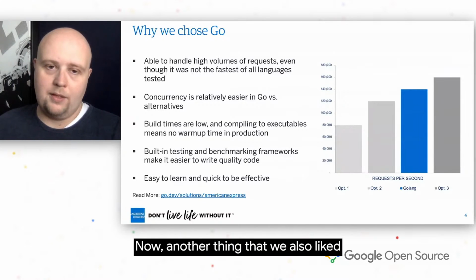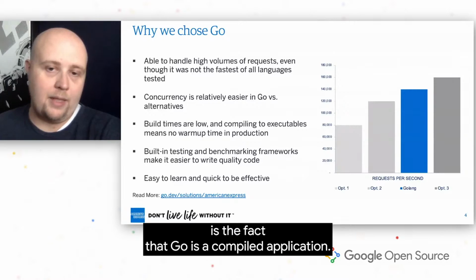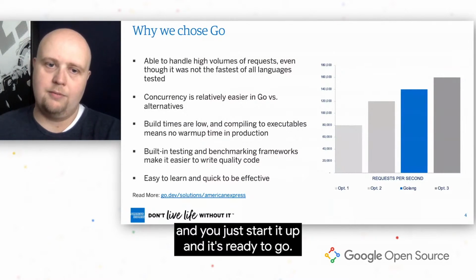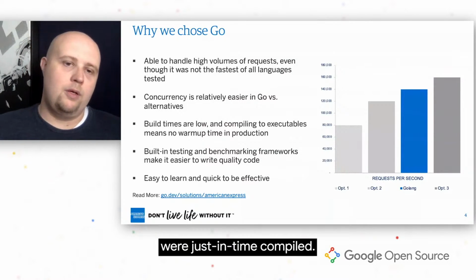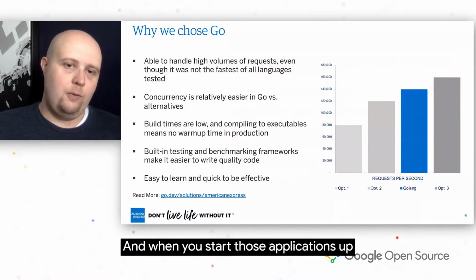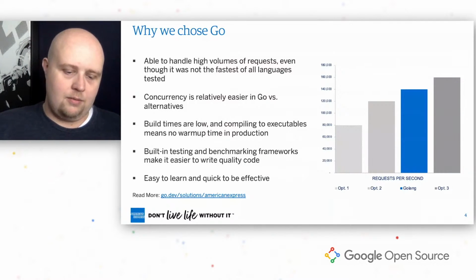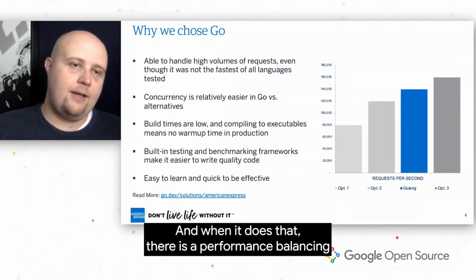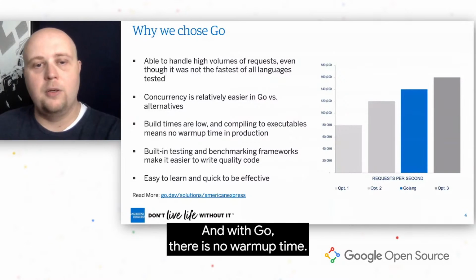Now, another thing we also liked is the fact that Go is a compiled application. It's pre-compiled. You just start it up and it's ready to go. Whereas some of the other languages we looked at were just-in-time compiled. When you start those applications up, the virtual machine compiles the code into bytecode, and when it does that, there's a performance penalty. It's called warm-up time. With Go, there is no warm-up time.